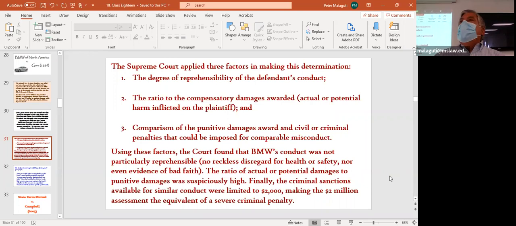Now, some people would believe that BMW's conduct was fairly reprehensible. I would submit to you a similar case is the O.J. Simpson case that involved punitive damages. Not similar, I mean, obviously that case involved the murder of two people, the brutal murder of two people. O.J. Simpson was hit with a $25 million punitive damages award.